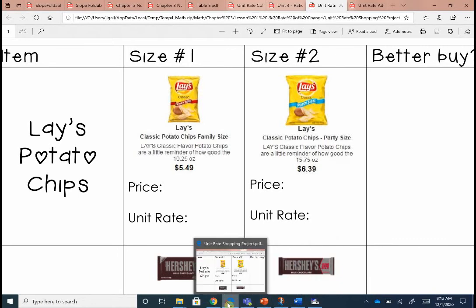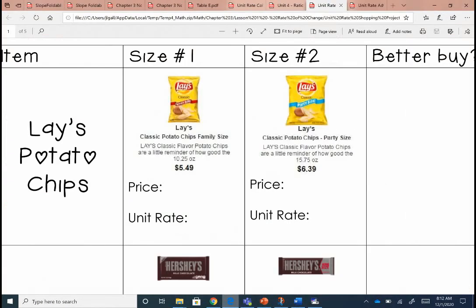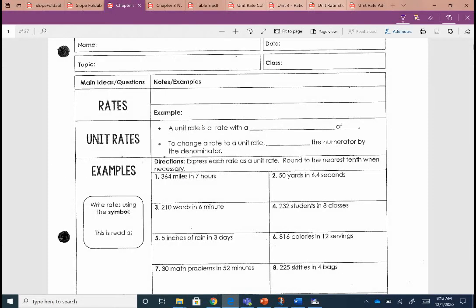A rate is a ratio that compares two different, I want to emphasize this, different quantities.